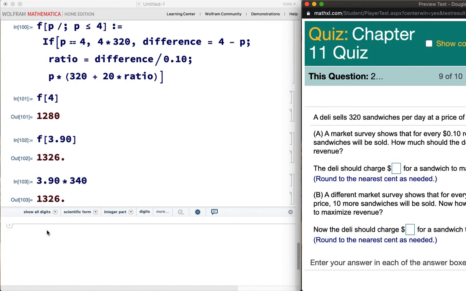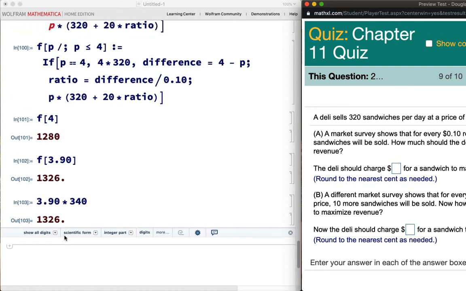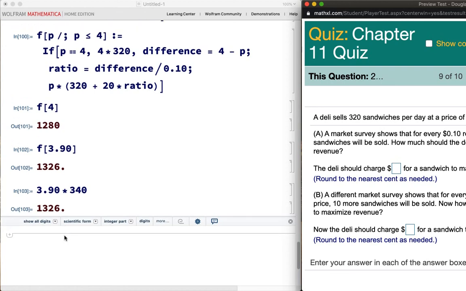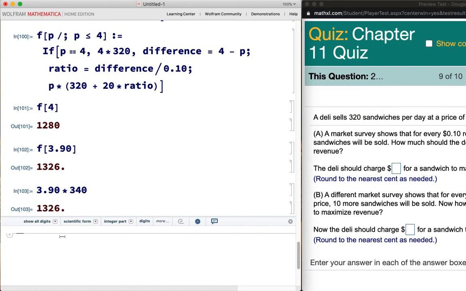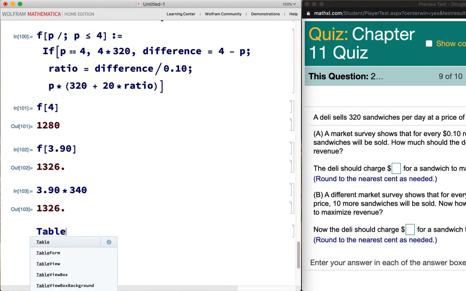So let's think about this. How many times does 10 cents go into $4? Okay, 10 cents goes into $1 10 times, so 10 cents goes into $4 40 times. Okay, so what I can do is this, table.